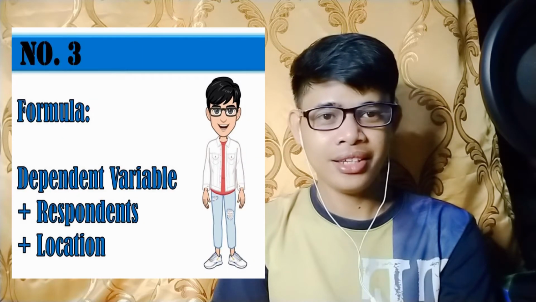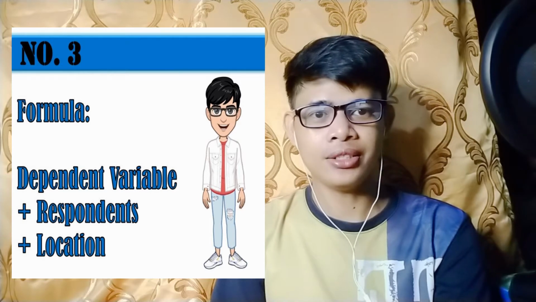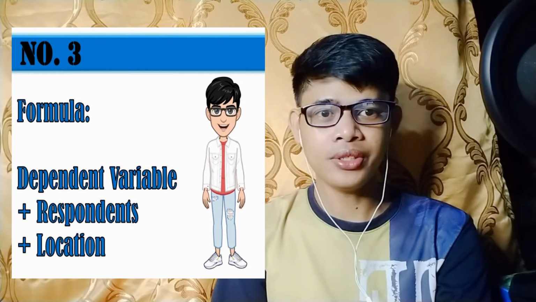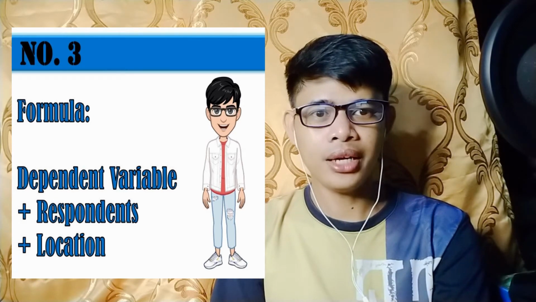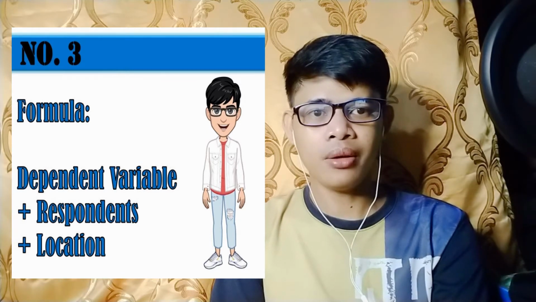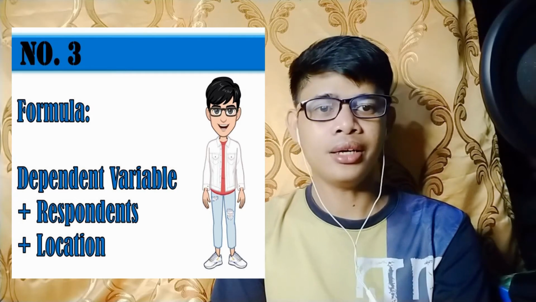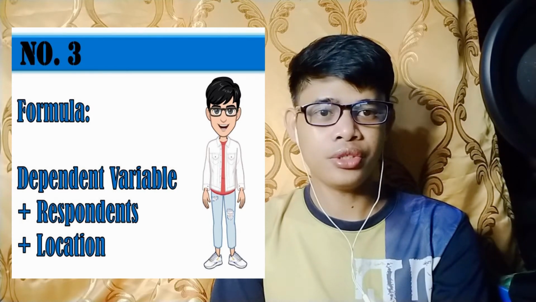So this time we will have a prescribed formula in writing your research title. This is only applicable for simple research titles, especially for beginners like you. So we have here the formula in writing your research title. It should contain the dependent variable that is identified in your research, plus the respondents of your study, plus the location of your study.